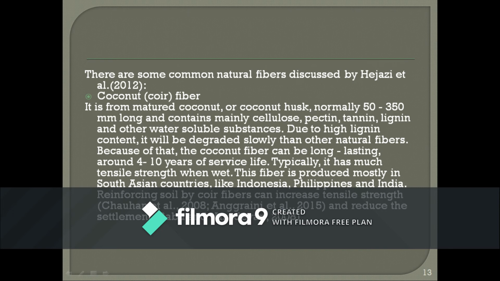They use it mixed with some other material, and this becomes a most economical and cheaper material. The strength will be good, and the load that is added because of this fiber will be very little compared to other methods. Because of this, coconut is used in many ways in the construction industry.